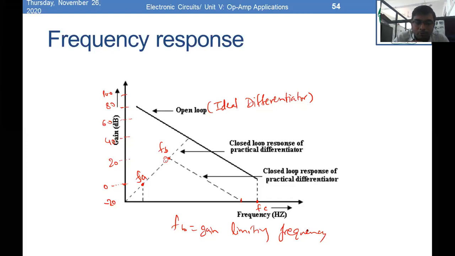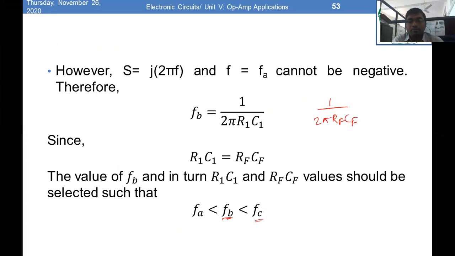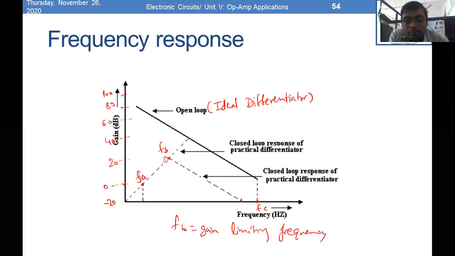And the value of FB should be in between FA and FC for proper differentiation. So this is all about the differentiator. Today we have learned the integrator as well as the differentiator in this lecture.